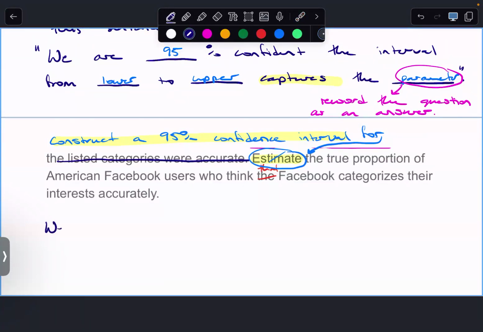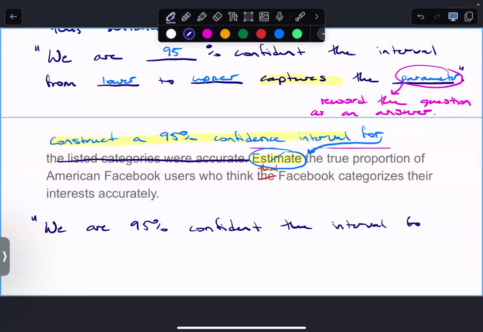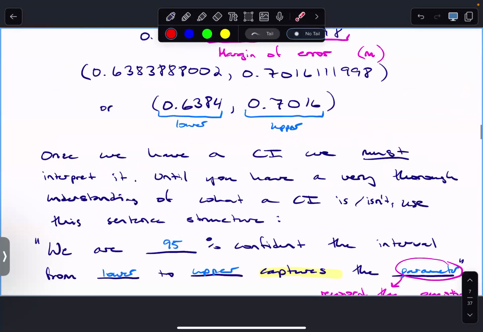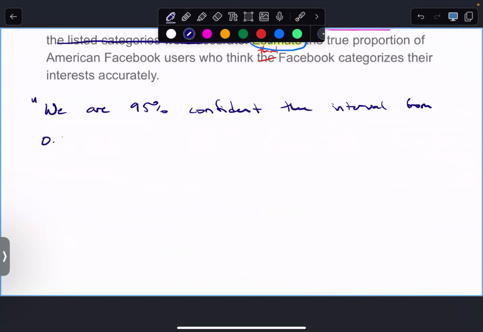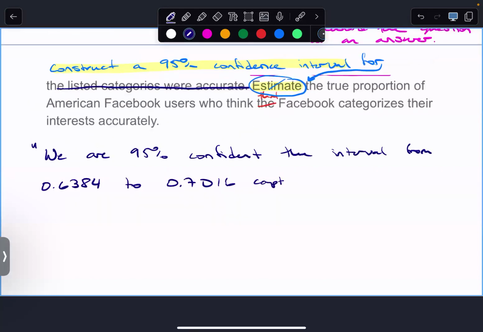We are 95%, because that's what we wanted to calculate, confident, the interval from 0.6384 to 0.7016 captures the true proportion of American Facebook users.